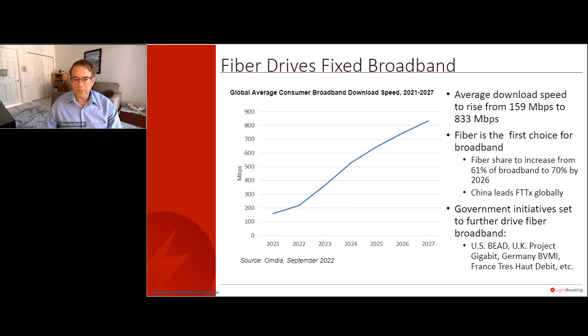And in many countries around the world, there's a very strong realization of the importance of fiber for broadband going forward. We see initiatives, not just in the US with the Broadband Equity Act, with $42.5 billion of spending earmarked for broadband to new areas, rural areas, but also similar activities around fiber in many countries around the world.